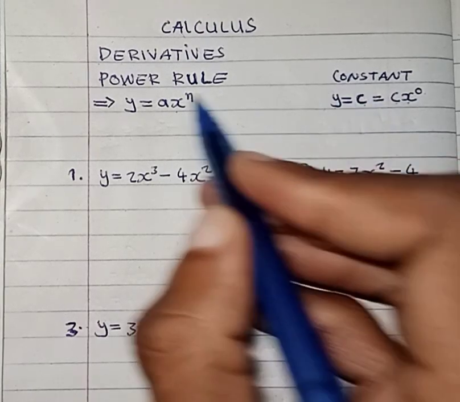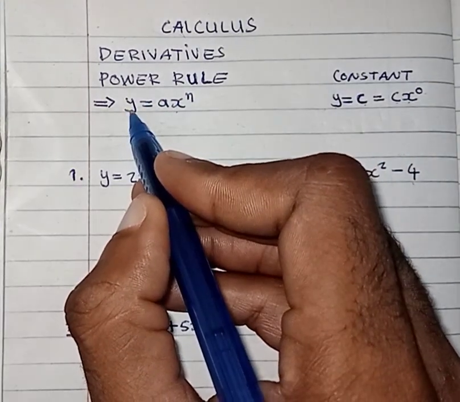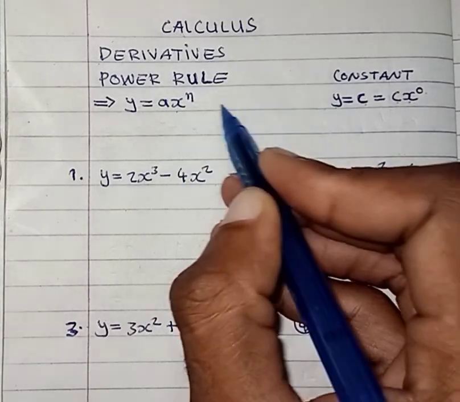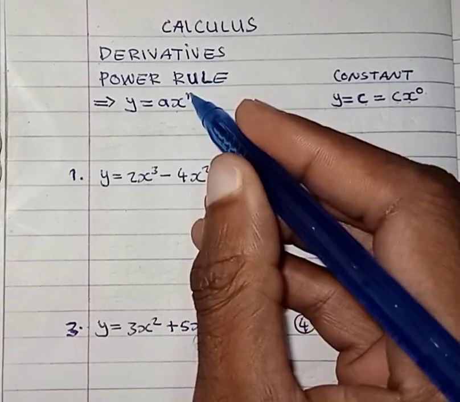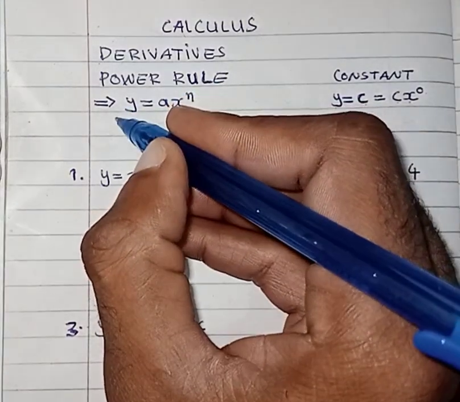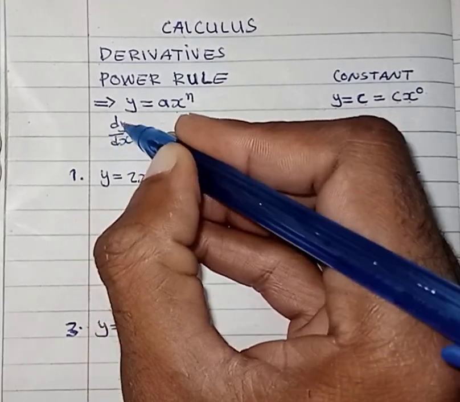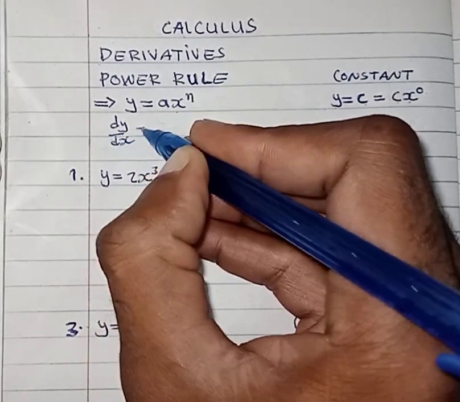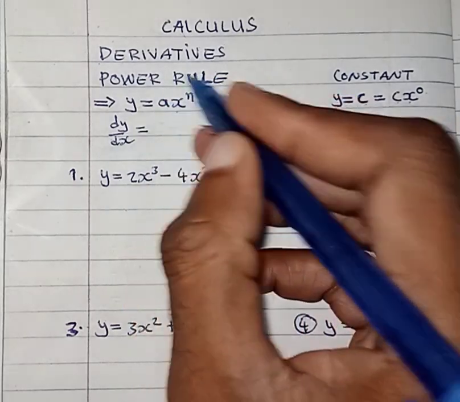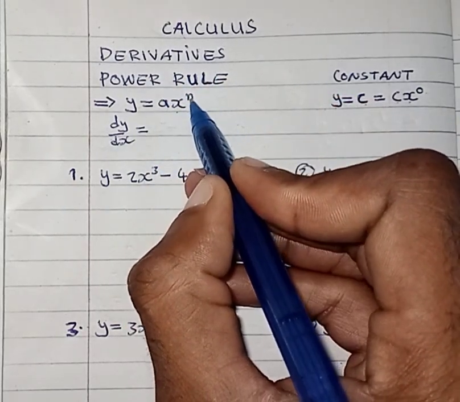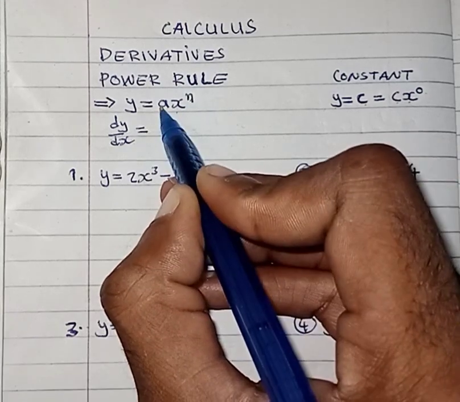So if we're given any polynomial, y is equal to a x to the power n and other terms in that polynomial, the general rule for the derivative is, we have to introduce the notation for the derivative. We say dy dx, which is equal to... When you're differentiating using the power rule, you have to look at the power, this one, and your coefficient.